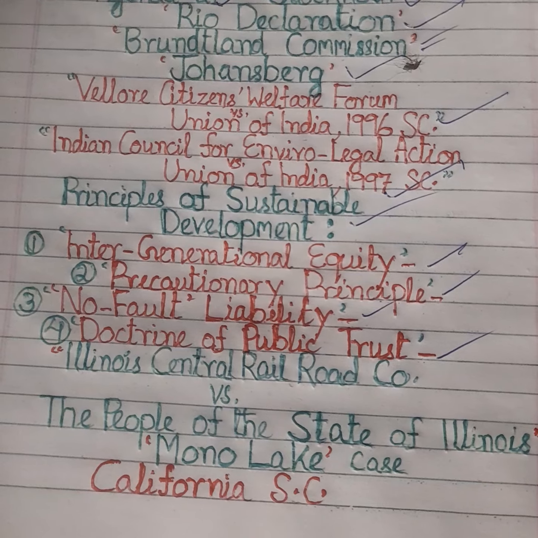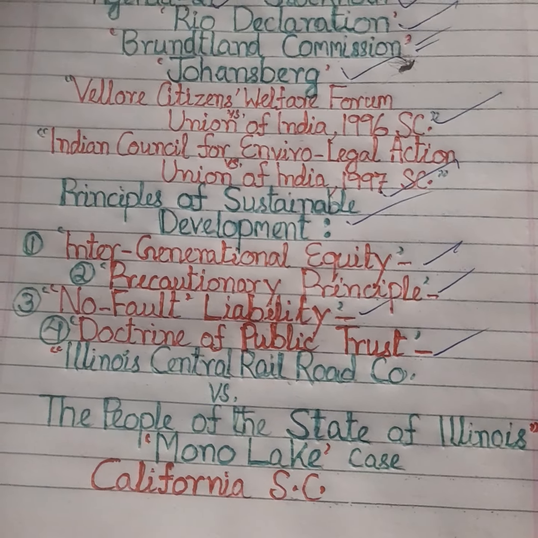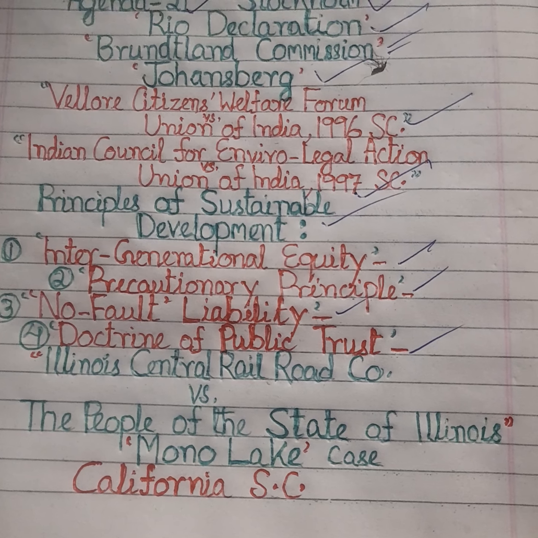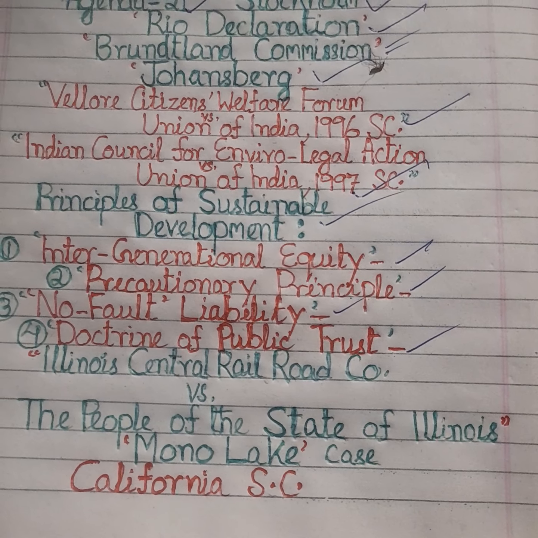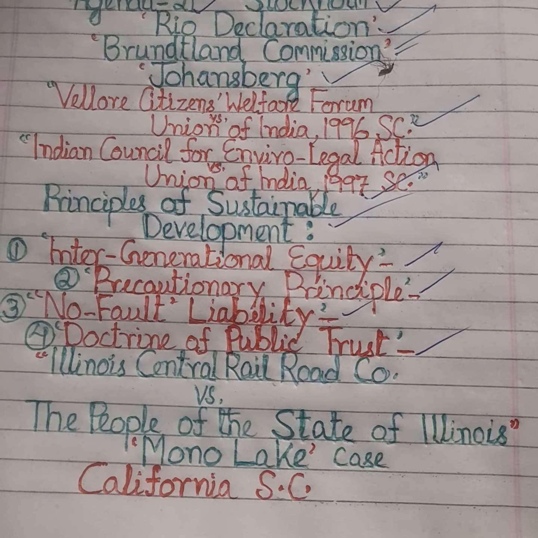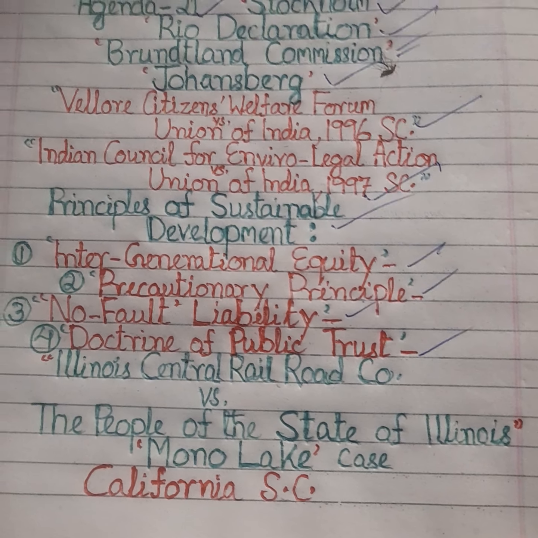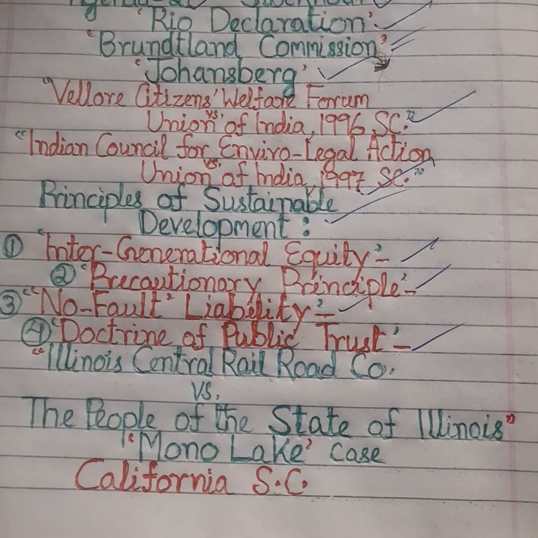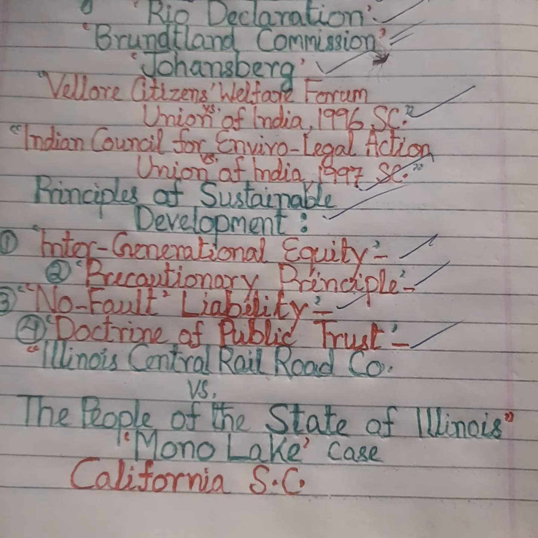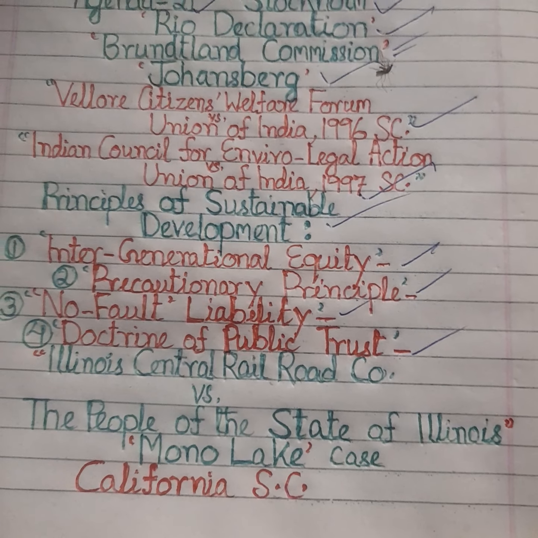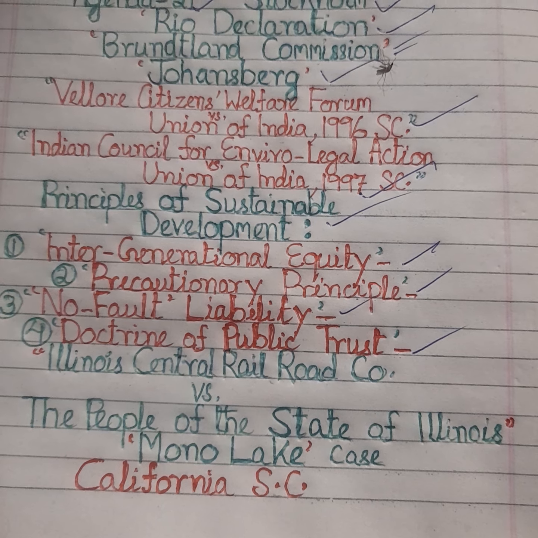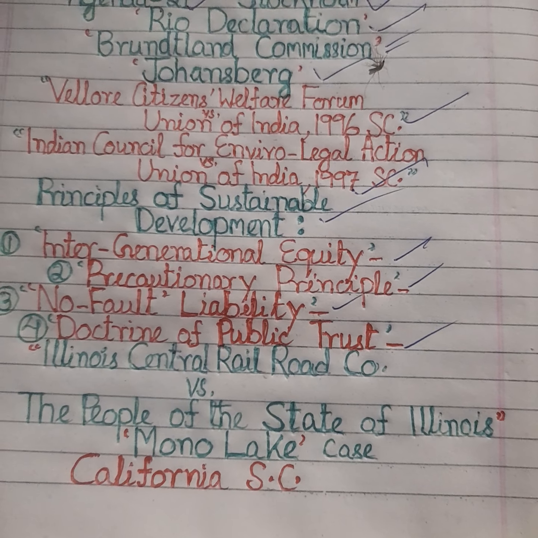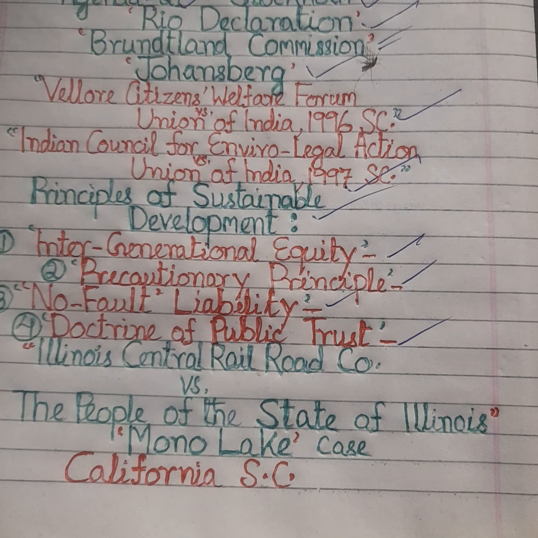The very doctrine of public trust is derived from the Roman maxim, and we find its origin in the form of res nullius and res communis, which means natural resources owned by no one but by everyone in common.